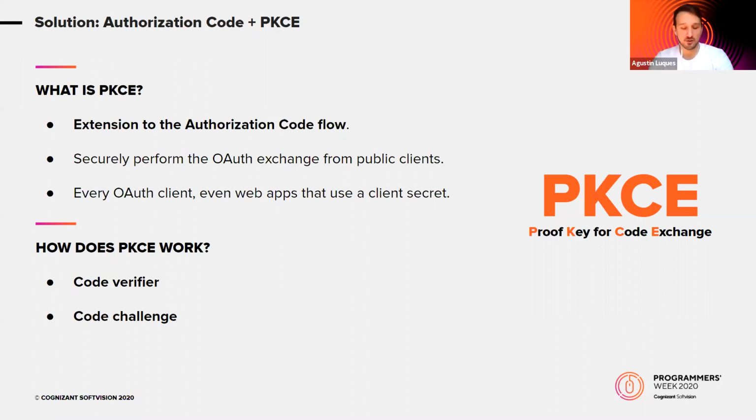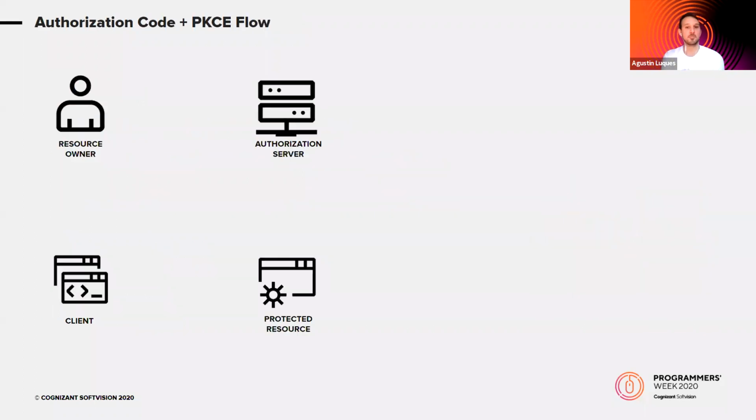How does PKCE work? Well, it's very simple. It will use a cryptographically random generated code called the code verifier, and also its hash value called the code challenge. We will see in the next slide how it works.